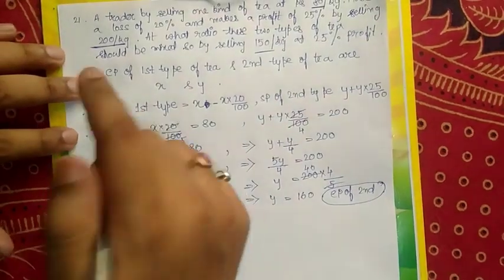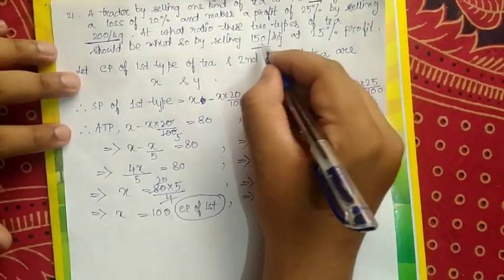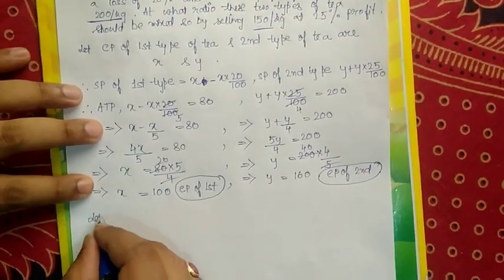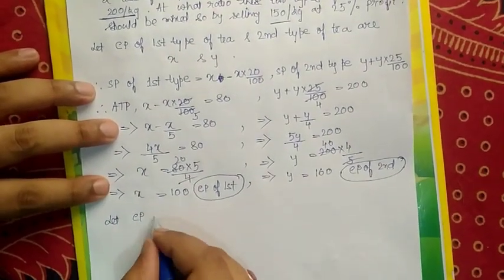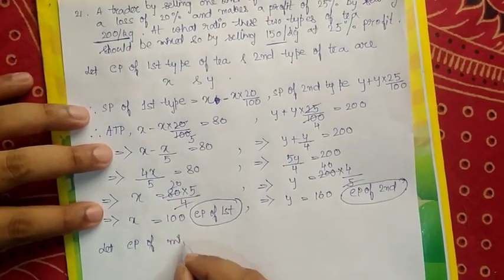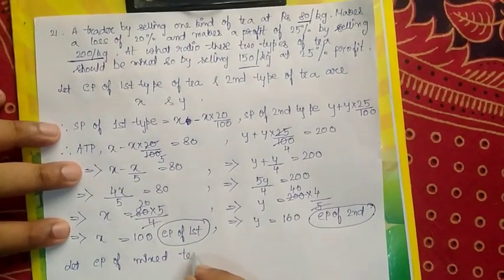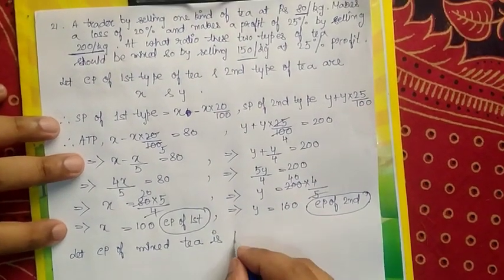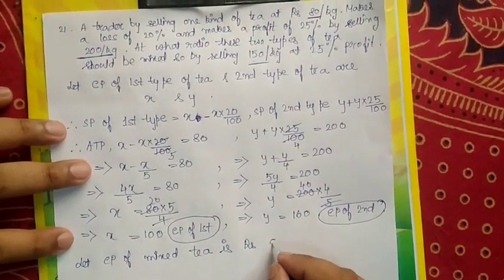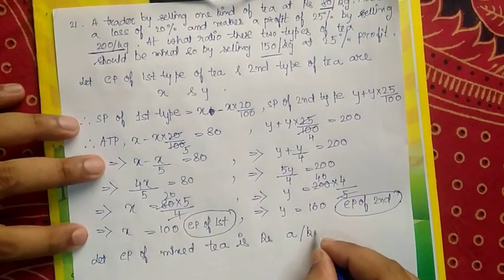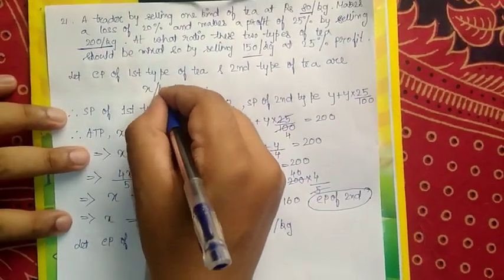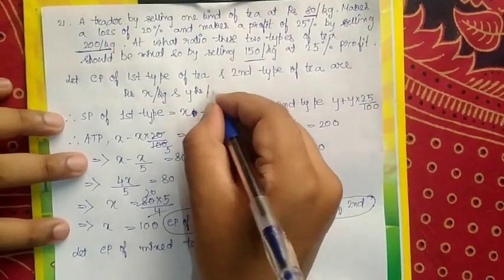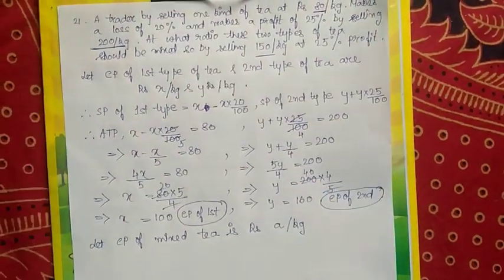Now the mixed tea selling price is 150 per kg. We have to find the CP here. Let the CP of mixed tea be rupees A per kg, and you have to write rupees x per kg and rupees y per kg, this is the unit.